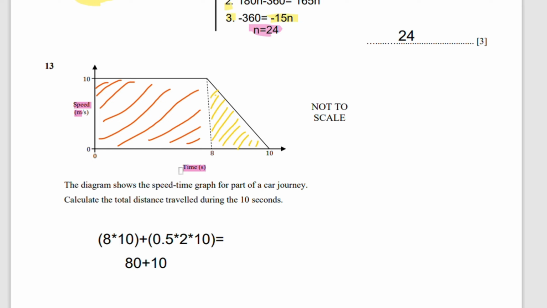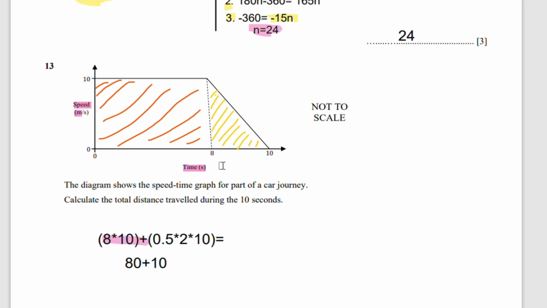So the solution is very simple. As you can see, I've multiplied 8 times 10, which is the area of a rectangle, sorry, the length and the width. 10 times 8 is 80. Then the triangle that we are left with is a right angle triangle. To find the area, half times base times height.